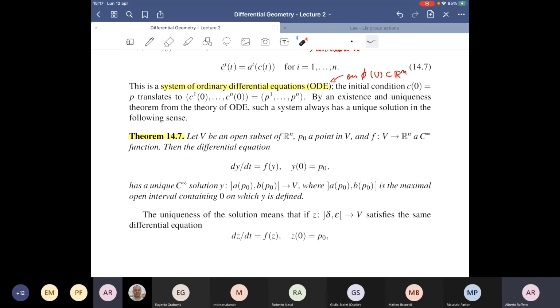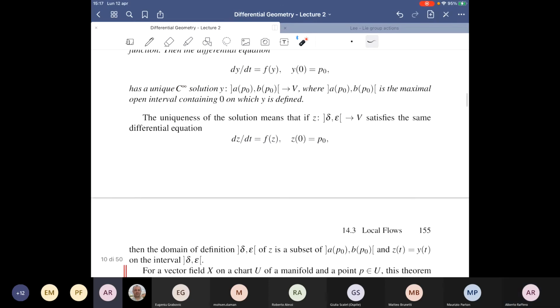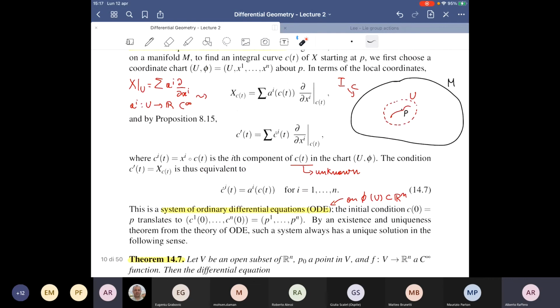So now we have a solution which is defined on some open subset of R^n, and we will bring it back to the manifold using the chart, so using the map phi. So in this way, our map phi has taken us to some open subset inside some R^n.